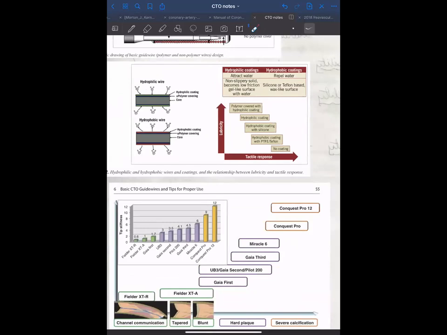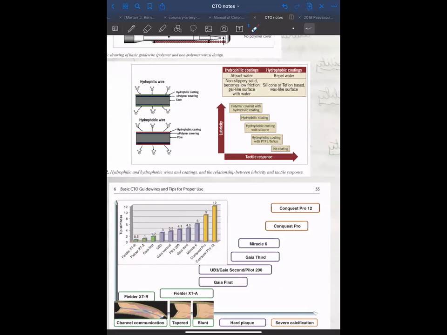And in this left inset here in the graph column are the usual names of CTO wires. Let's get familiar with this. We will see this green and yellow first. So green is the regular wires which we use in the cath lab, which is Fielder XT. Fielder XT is the normal wire, and Fielder XT R and A have increase in coating, increase in the tip load.